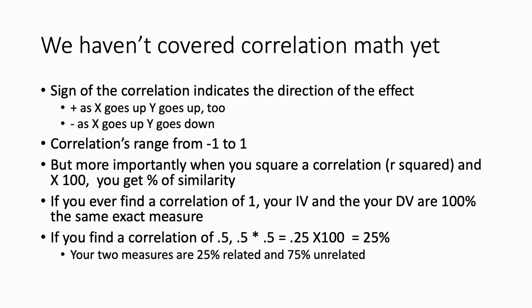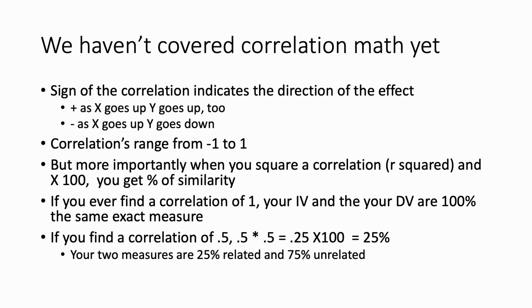So when you square a correlation and multiply it by 100, you get the percentage of similarity between the two variables. So if you ever find a correlation of 1, your x, your IV, and your y, your DV, are 100% the same exact measure. If you find a correlation of 0.5, 0.5 times 0.5 equals 0.25, times 100 equals 25%.